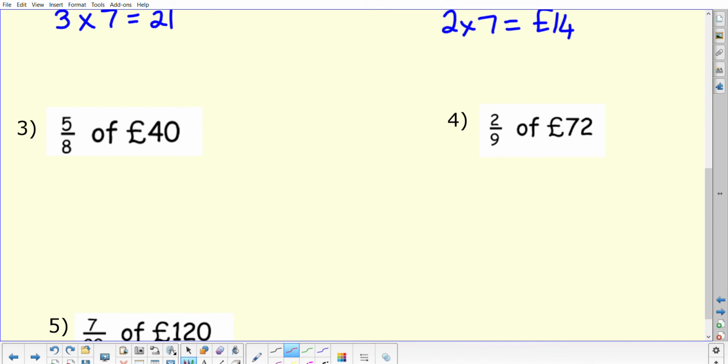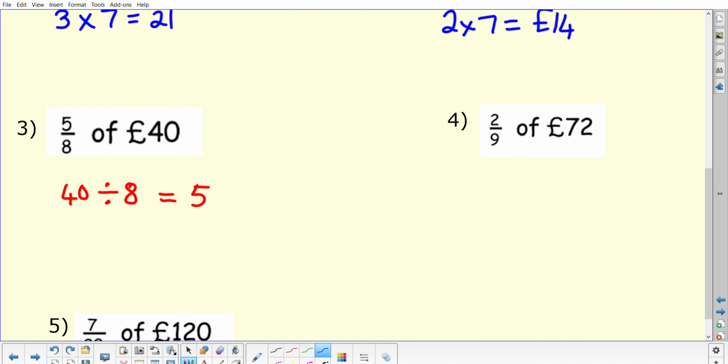So here in number 3, you're working out 5/8 of 40, so you need to work out what's 1/8. So you're going to do 40 divided by 8. So in your 8 times table, 8 times what makes 40? And the answer to that is 5.